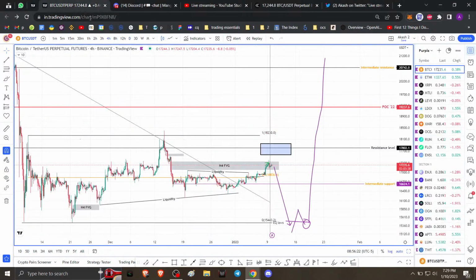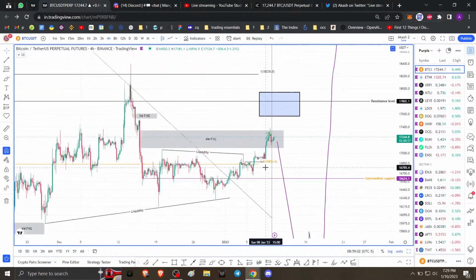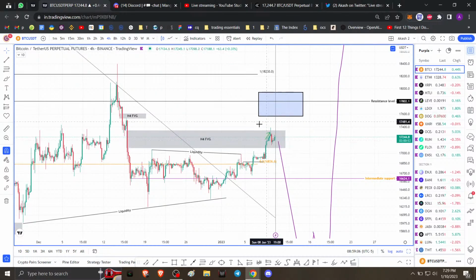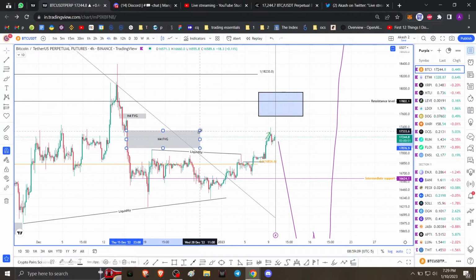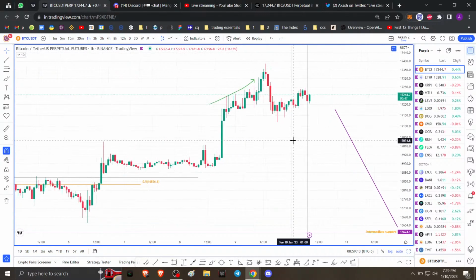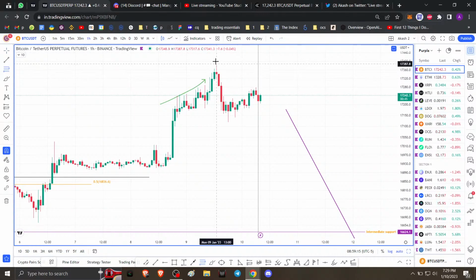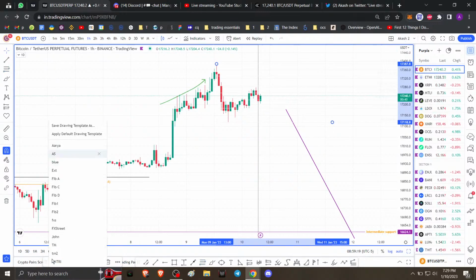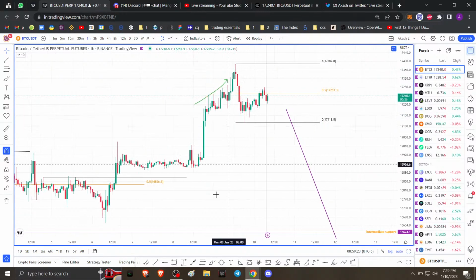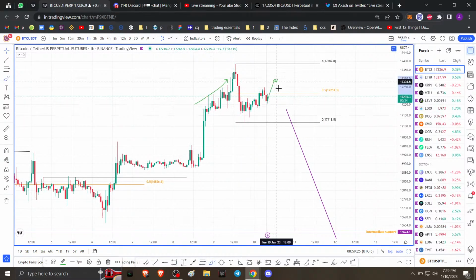Going down to a lower time frame perspective, you can see that we're still hovering inside this FVG. Since this FVG is done, I'm going to take this out. Let's dive into a lower time frame to see what's happening. Right, so currently we are forming a range here for BTC, getting rejected at the midpoint. Either we see something like this.